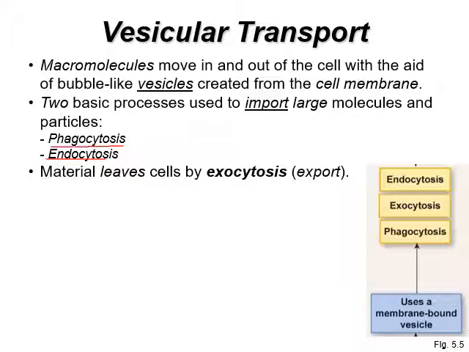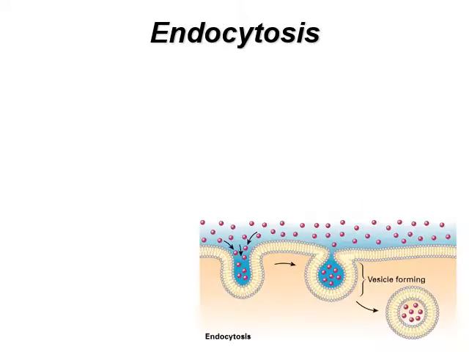We'll see there is a difference between these, but both are processes moving larger molecules or particles into the cell. And then exporting, making stuff exit, is a process called exocytosis. But again, these are going to be using membrane-bound vesicles to move either in or out of the cell.